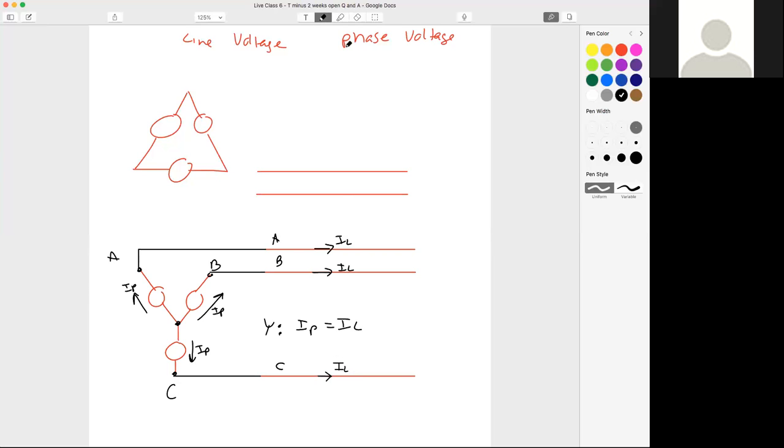What about for my delta? Let's say this is A line, here's B line, C line. Here's our line currents, right? Really easy, no tricks there. Now, here's our phase currents, right? If it's plus to minus.